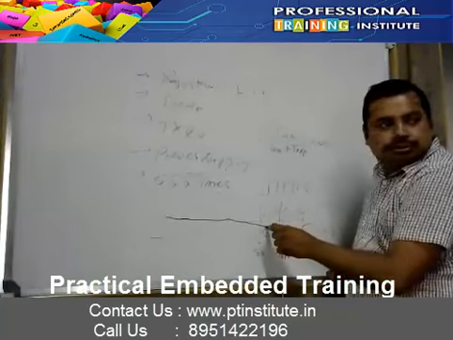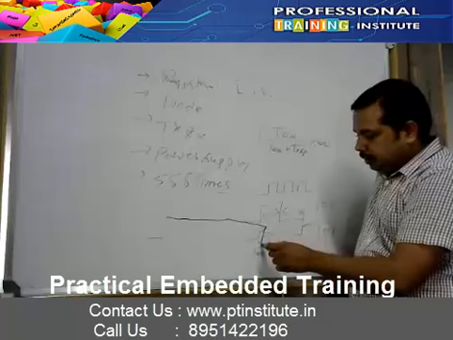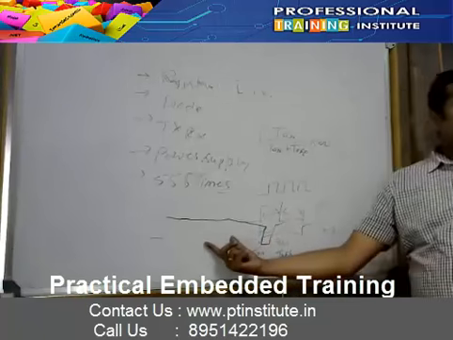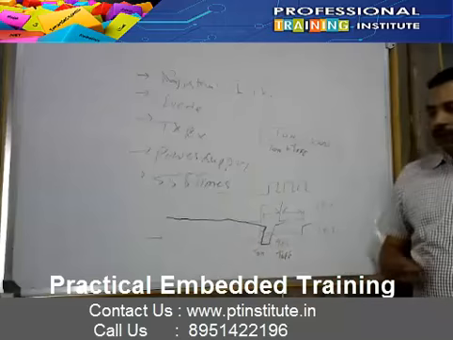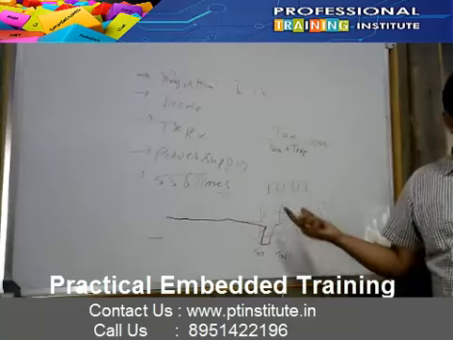Now what I have to do? Then the off will be 10%. Yeah, like this. So this is 90% duty cycle. Understand?